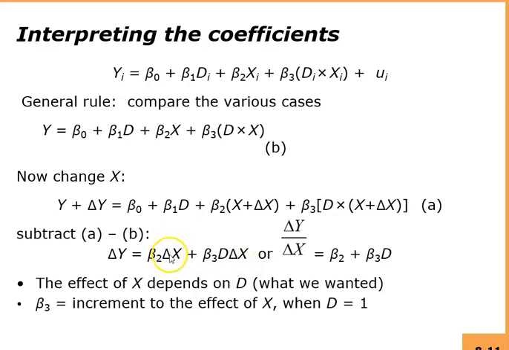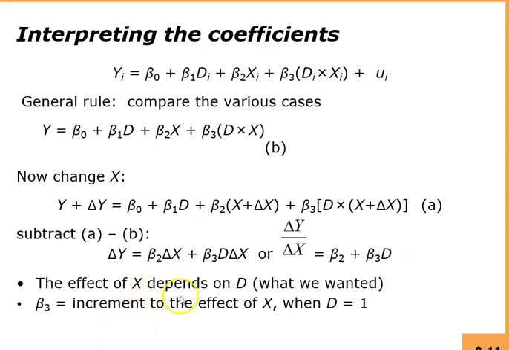So if you take change in x common and take it to the side of y, you will get change in y over change in x equals beta 2 plus beta 3 d. So now we are getting what we wanted.